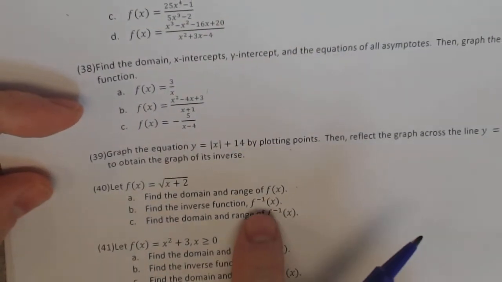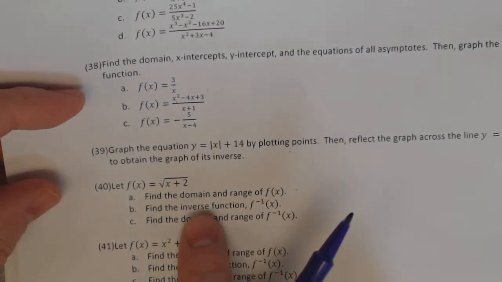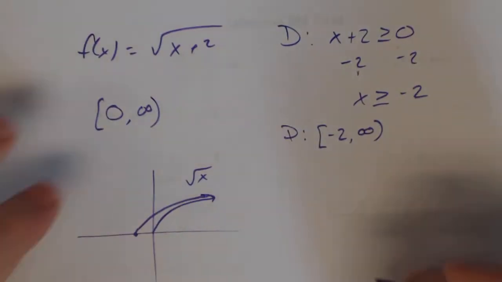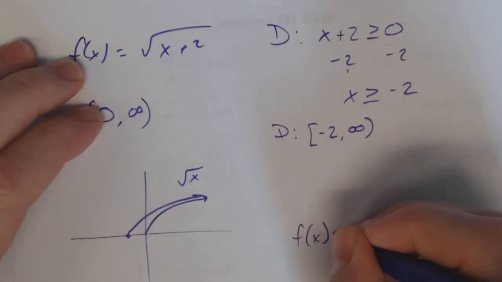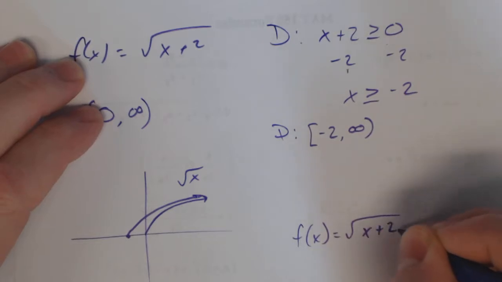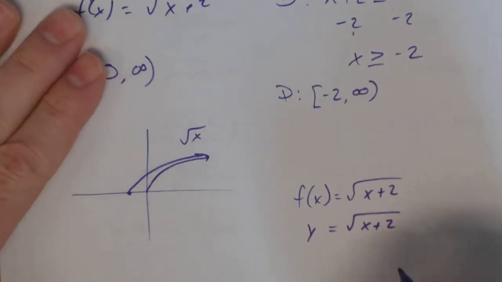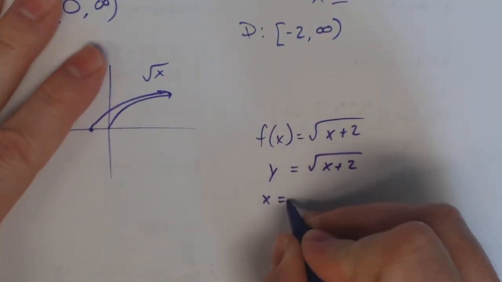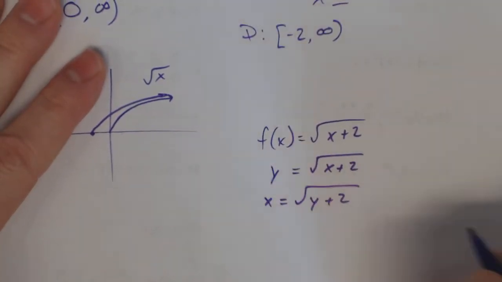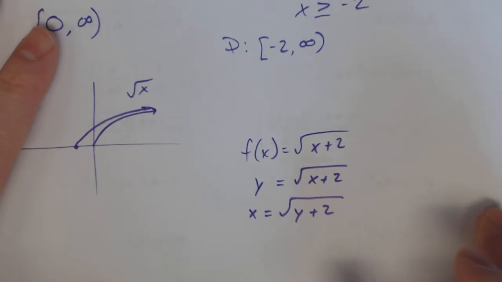Now let's find the inverse of this function. Let's find the inverse function, is what it says to find. So you start with the function, change that out to a y, switch the x and the y, and then solve for y again.